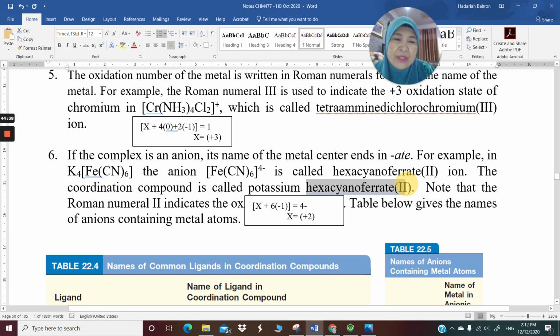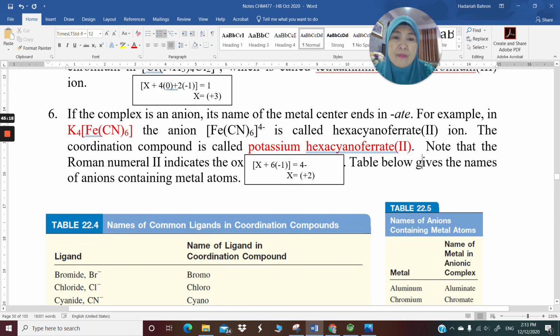So this thing that I made red now has the name potassium hexacyanoferrate. Yep. Potassium space hexacyanoferrate, because we are moving from a cation to an anion. There must be a space, just like when you write sodium chloride. There is a space between sodium and chloride. So potassium space, hexacyanoferrate, no space. Why no space? Because it is in the same ion, hexacyanoferrate 2.